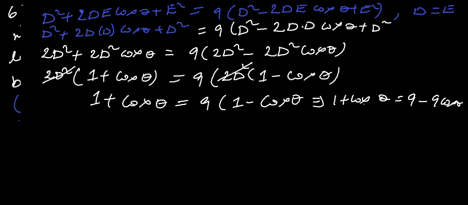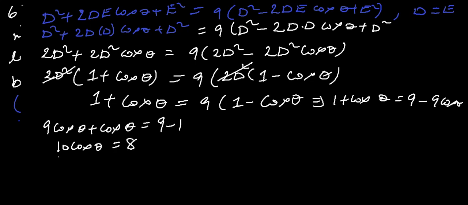I distributed the 9, then bring this cos to this side and take the 1 to the other side: 9 cosine theta plus cos theta is equal to 9 minus 1, which is 10 cosine theta is equal to 8.